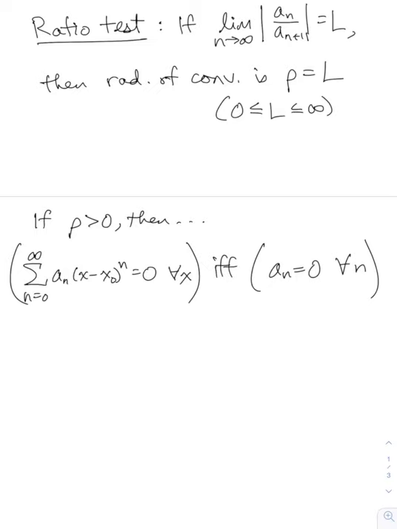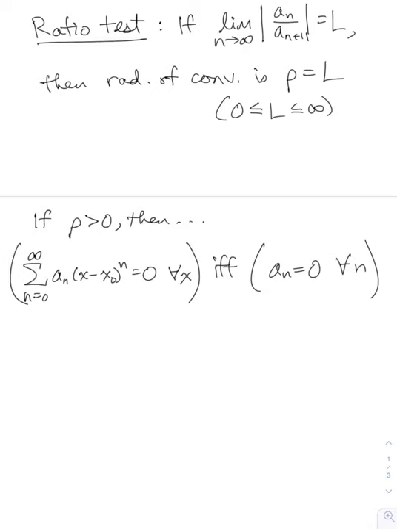So this is a familiar fact when it comes to polynomials, and we use it all the time, like when we're equating coefficients. When we equate coefficients, say, in a partial fractions problem, we're using the fact that a polynomial is equal to the 0 function if and only if all of its coefficients are 0.